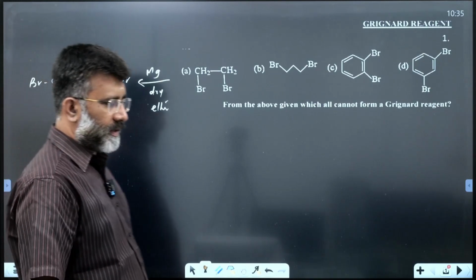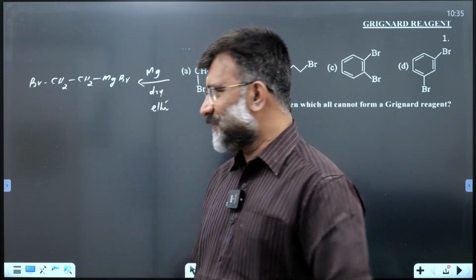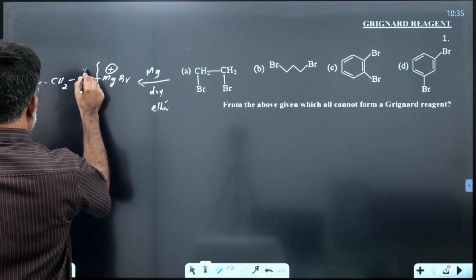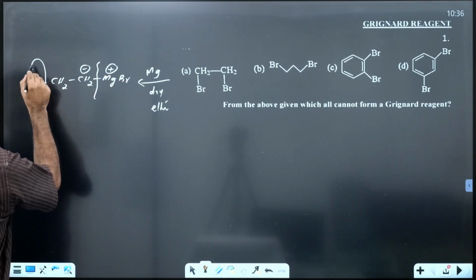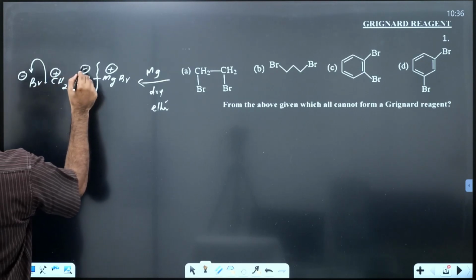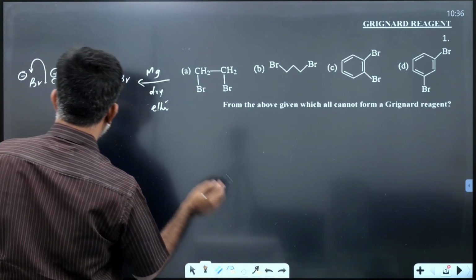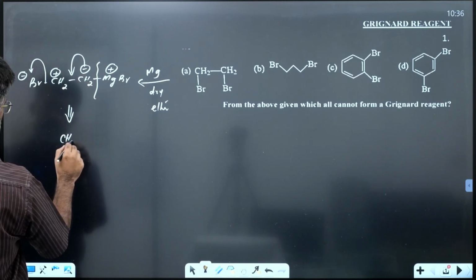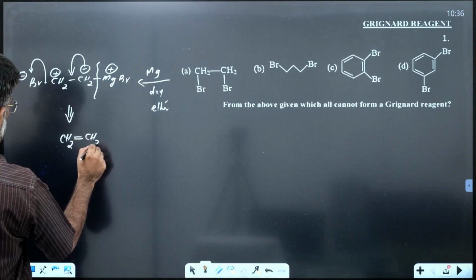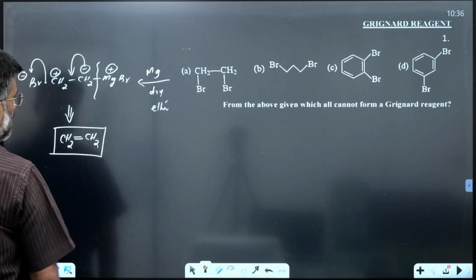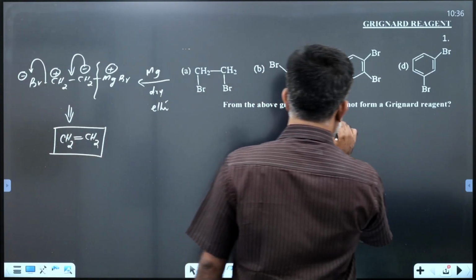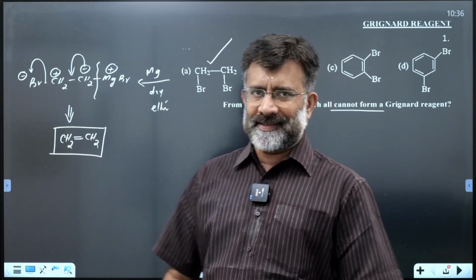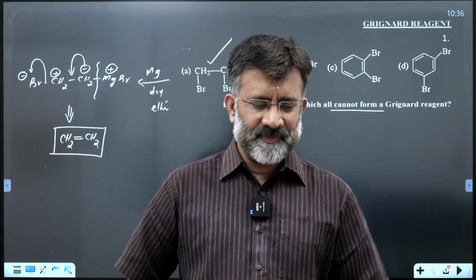It forms a Grignard reagent, but then it breaks over here as plus and minus, and this as minus and plus, and this electron will migrate to the position, and the product obtained is ethene. You get ethene. So the question is which cannot form a Grignard reagent. So this cannot form a Grignard reagent. That is one answer. Okay.